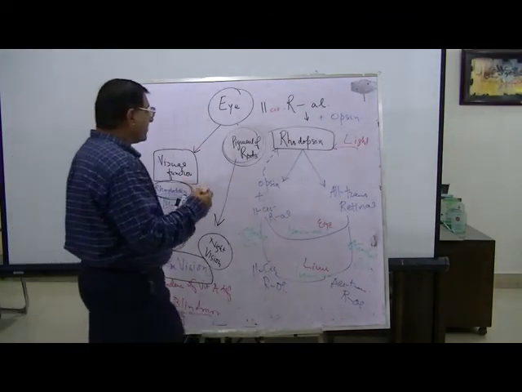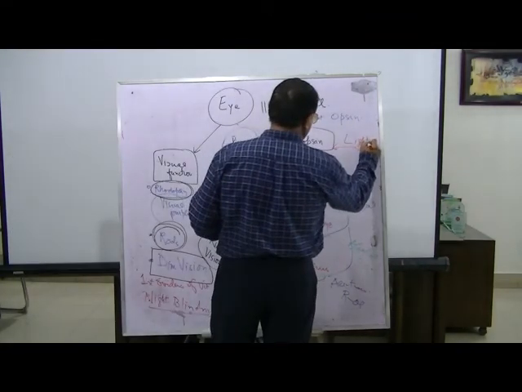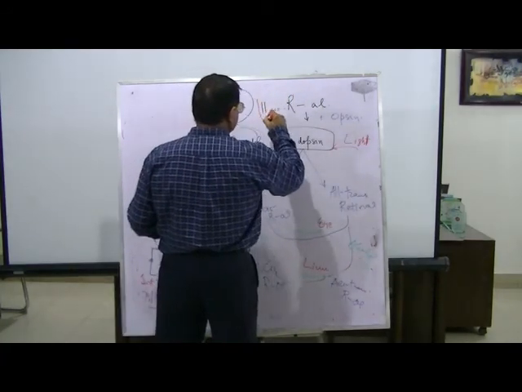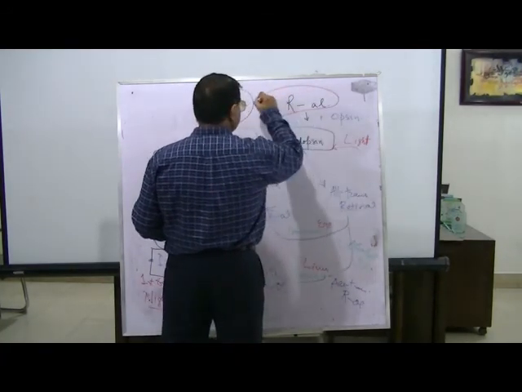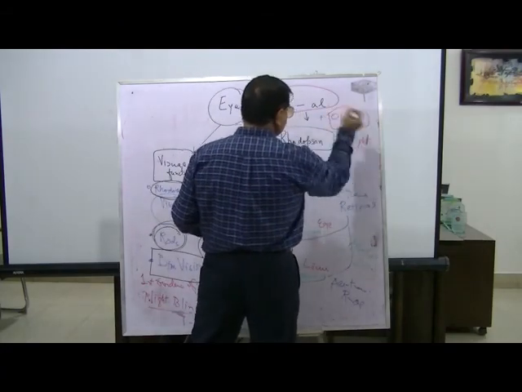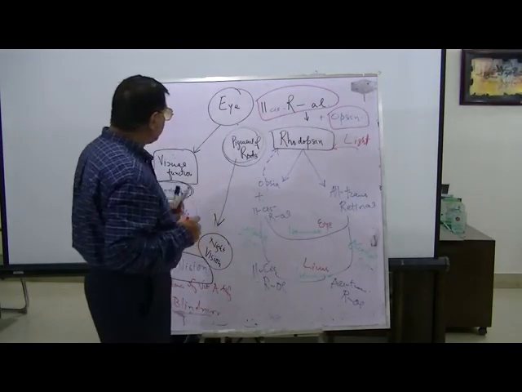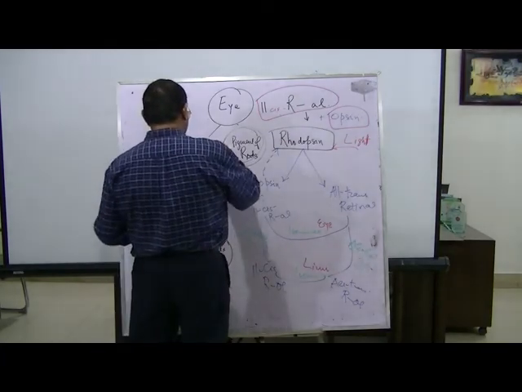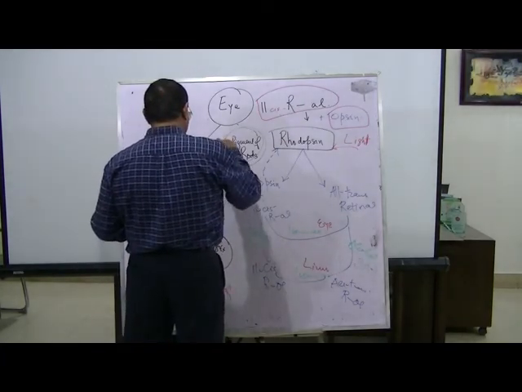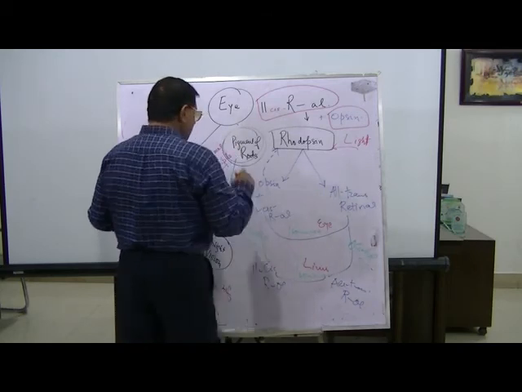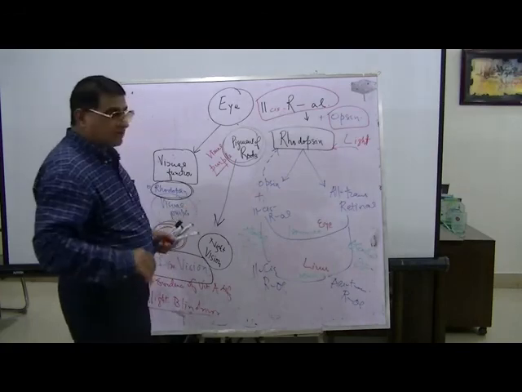Now see, how is rhodopsin formed? 11 cis retinol plus opsin, that is the protein, they form rhodopsin. This is called the pigment of rods, called visual purple, for low light vision, night vision, when there is very little light.